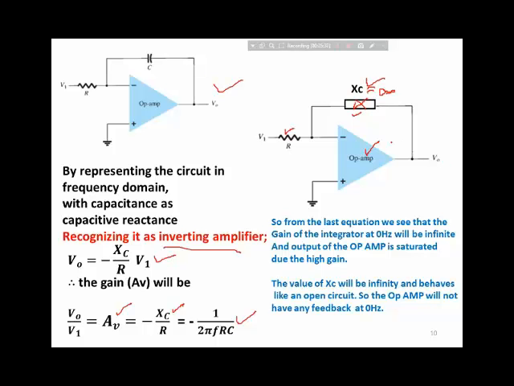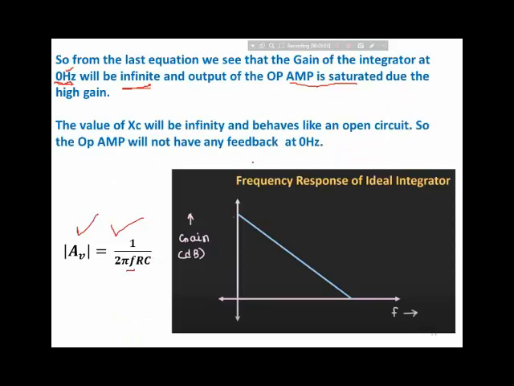So that means this integrator would not work for inputs which are of DC nature, that is with very low frequencies, or frequency of 0 Hertz. So the value of Xc will become infinite, and it will behave like an open circuit, so the op-amp will not have any feedback at 0 Hertz.